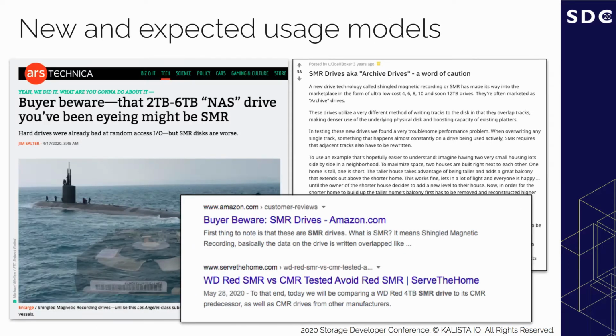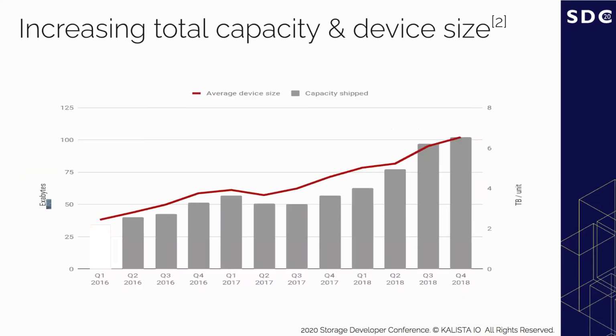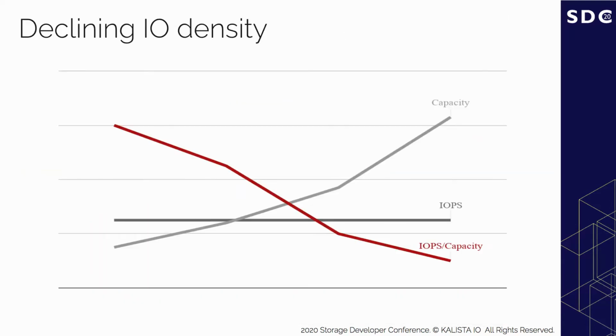For example, sequential write-only disks that trade off random write capability for higher capacity. However, the amount of I/Os hard drives can process per second has remained relatively constant as device sizes have increased.